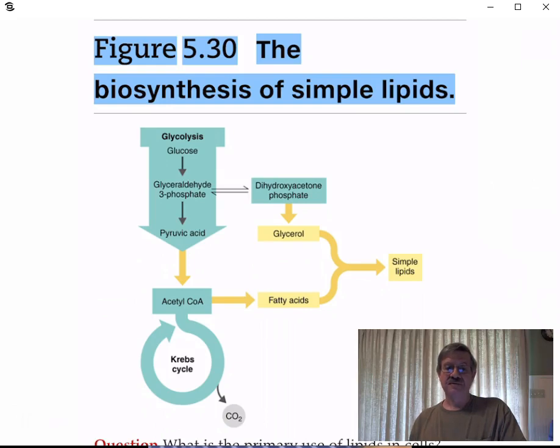And then from the acetyl groups right there, we're going to make the fatty acids. If you recall, in the respiration of fats, this is where the glycerol and the fatty acids fed into the process of respiration, in the middle of glycolysis as glyceraldehyde phosphate and as the acetyl coenzyme A at the beginning of Krebs cycle. Okay?